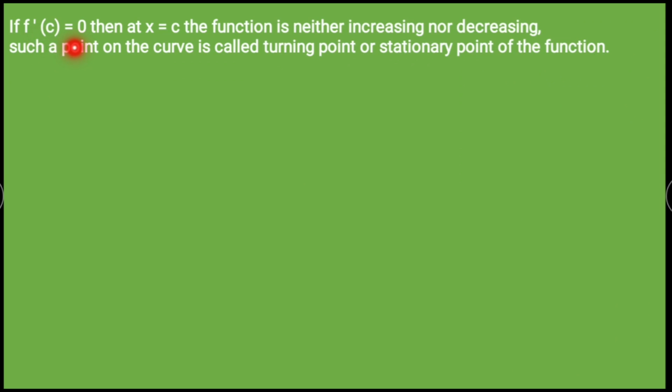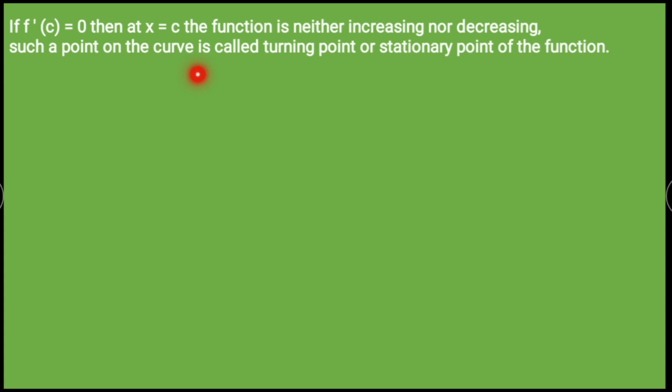If f dash of c equals to 0, then at x equals to c the function is neither increasing nor decreasing. That means if we find the value of f dash of x at x equals to c and that f dash of c becomes 0, then the function is neither increasing nor decreasing.